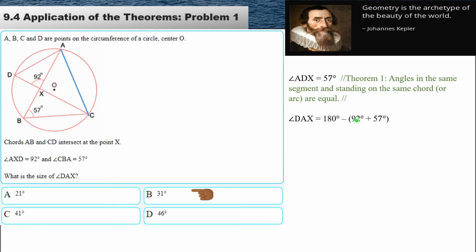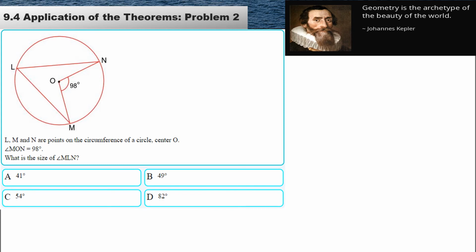Just add the two other known angles: we get 180 minus 149, and that works out to 31 degrees. Hence, our answer is B. So this was an example of applying theorem 1 to arrive at the value of an unknown angle, DAX.